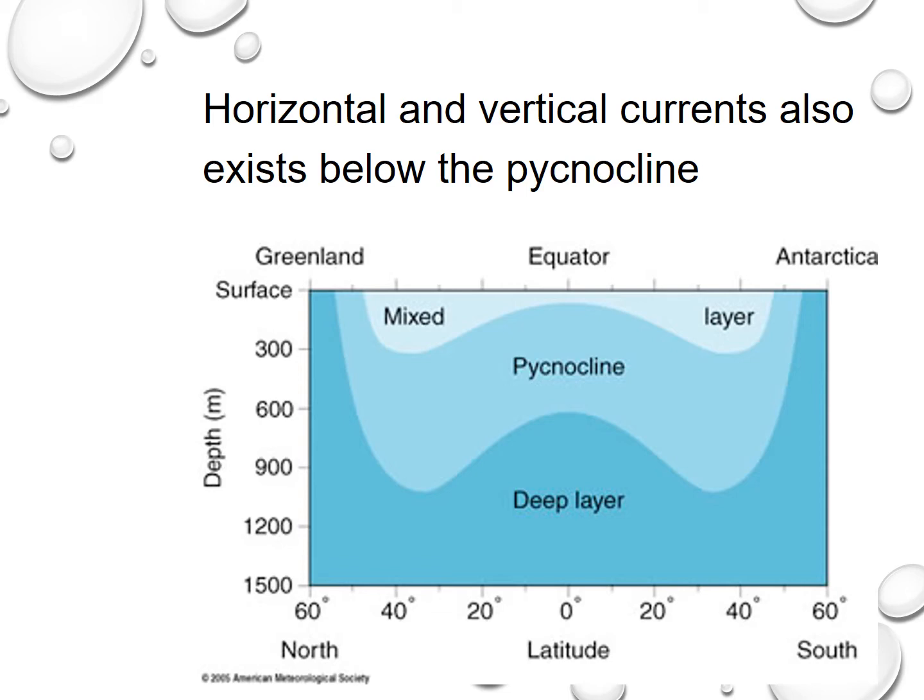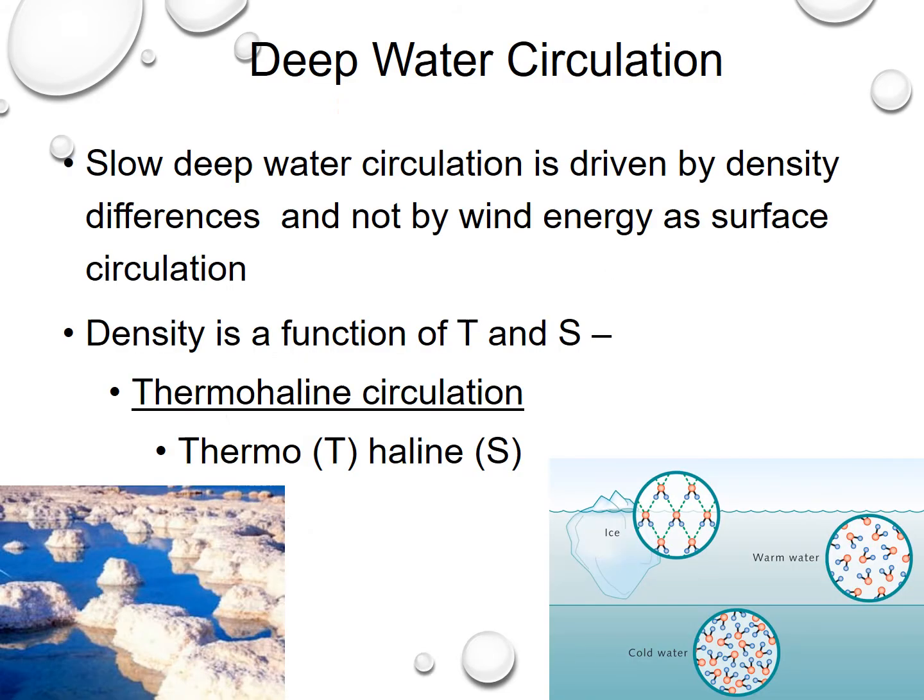And this water is driven by density. Density is a function of temperature and salinity, and that's why we also call it the thermohaline circulation. The deep water circulation is much slower than the surface circulation.